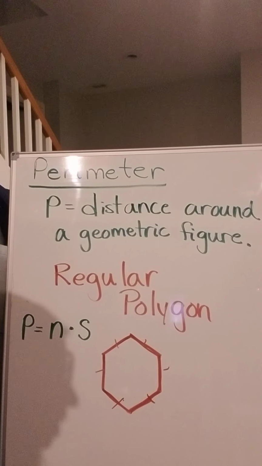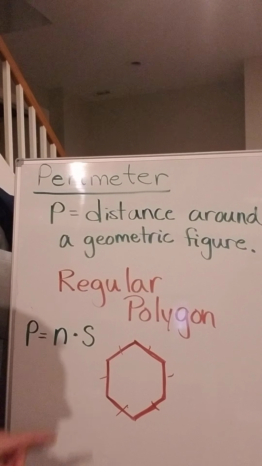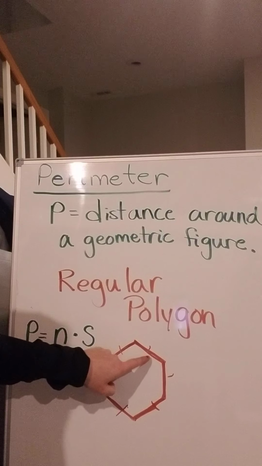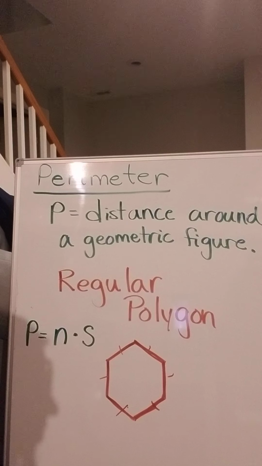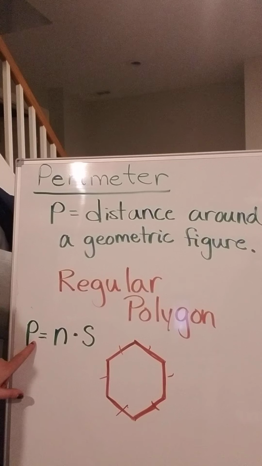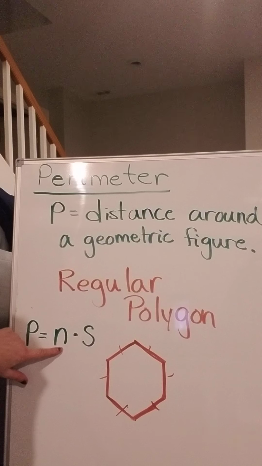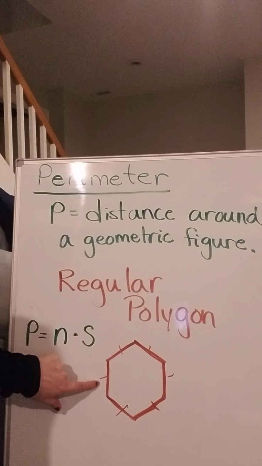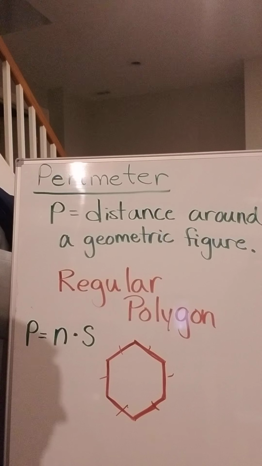For the next example, this is for regular polygons. Regular polygons will be regular shapes where the sides are the exact same length. To figure out the perimeter for regular polygons, the formula is P, perimeter, equals N, which is how long each side is, times how many sides.